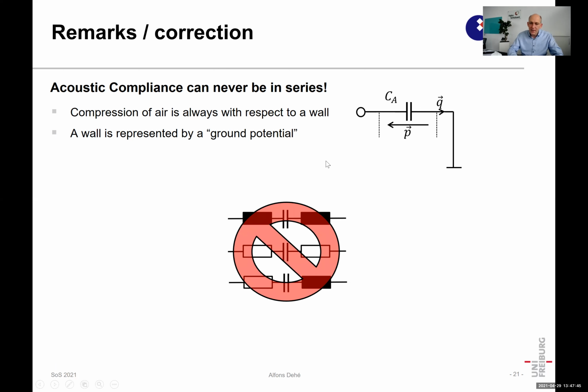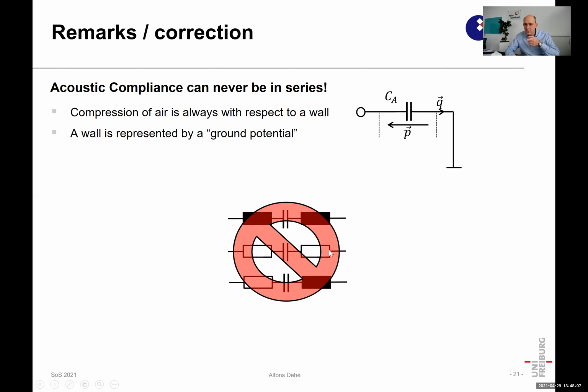So whenever you find circuit simulations or circuit descriptions where you find an acoustical compliance between two other impedances in series, there is a mistake in setting up those networks, because the compliance always has to go to ground. So you cannot have a resistor and a compliance in the resistor.